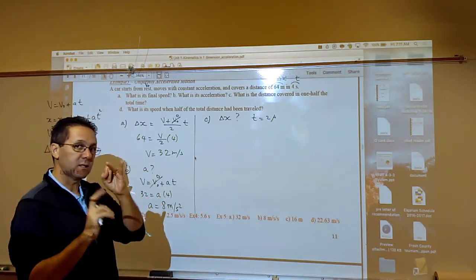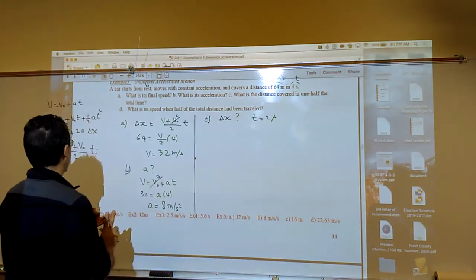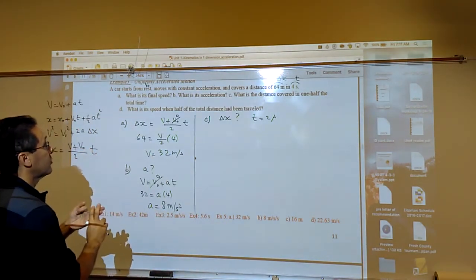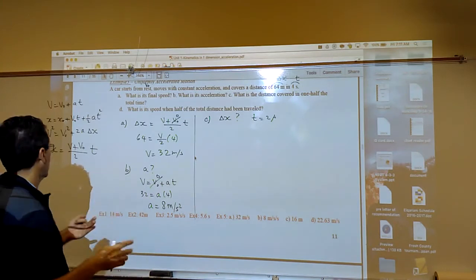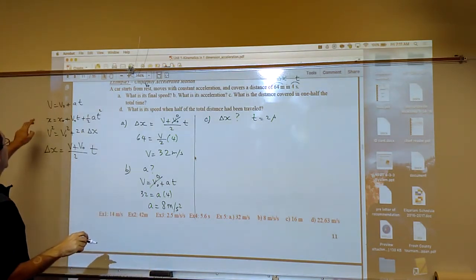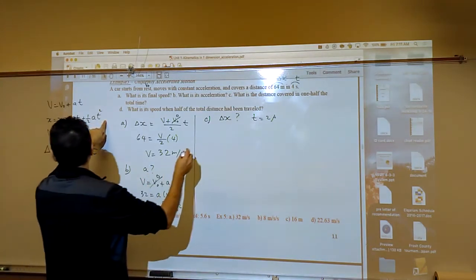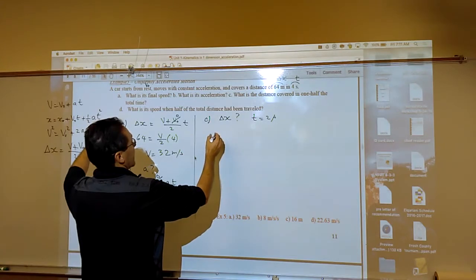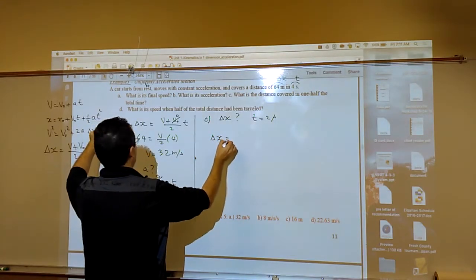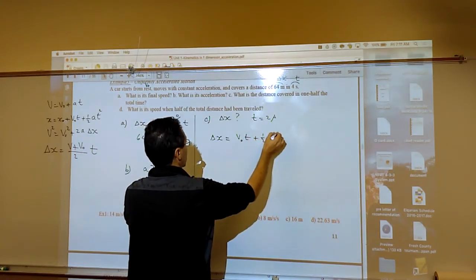I always need 3 things before I can solve. I don't know the velocity at 2 seconds, so I'm going to use the equation that doesn't have velocity in it, the second one, the one with the time squared. Delta x equals v0 t plus one half a t squared.